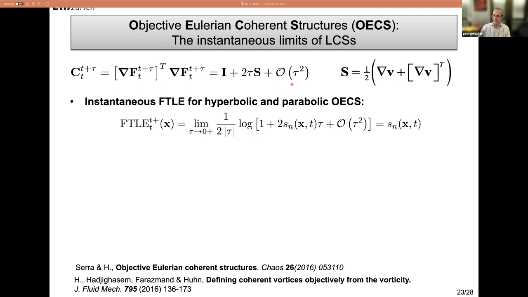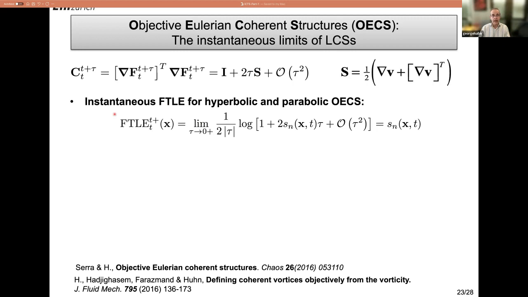If I just blindly take tau equals 0, I'm not getting much, I'm getting the identity. But if I then take appropriate quantities that do bring out this term as well, or I'm interested in the time derivative of those quantities, then I will get to the next term in the development of the Cauchy-Green strain tensor. It's over here and it's objective.